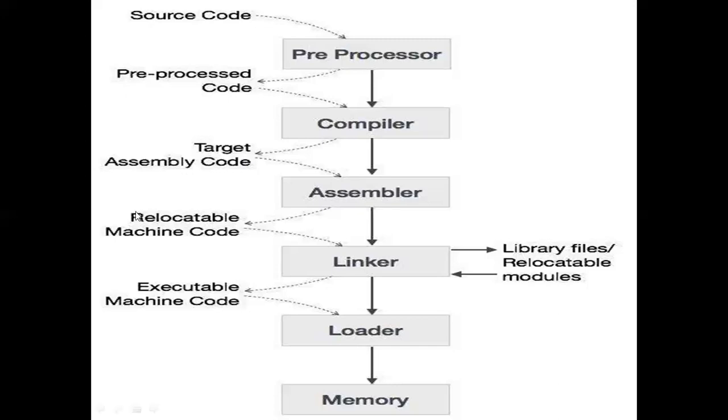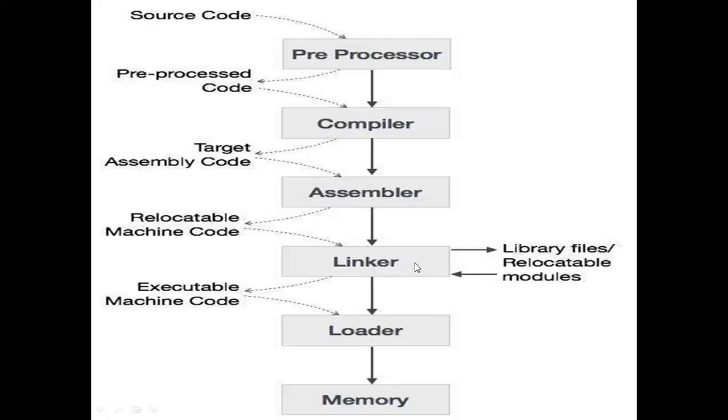And we will discuss what relocatable means next time. After that, it is transferred to the linker. The linker will look at the library files. It will link all the library files, relocatable modules, and functions, and create one object file, that is a .obj file or .o file.